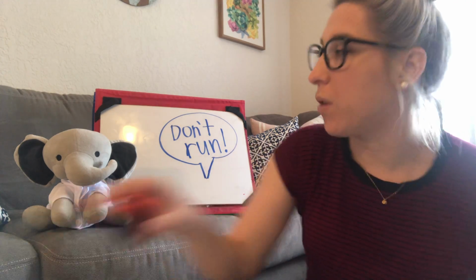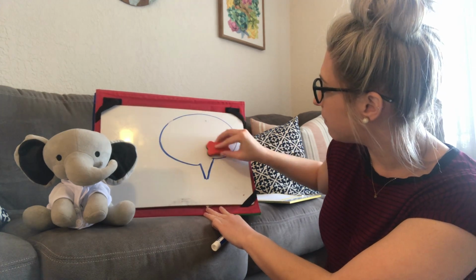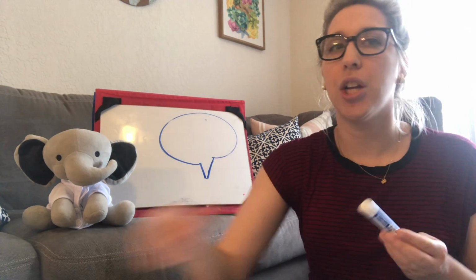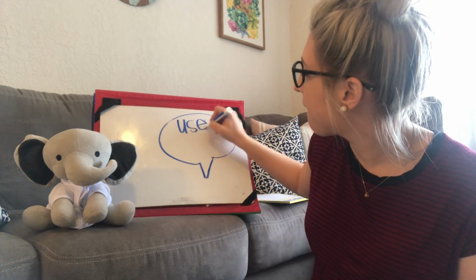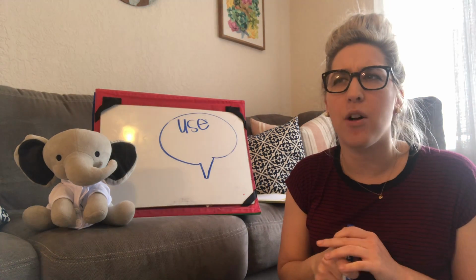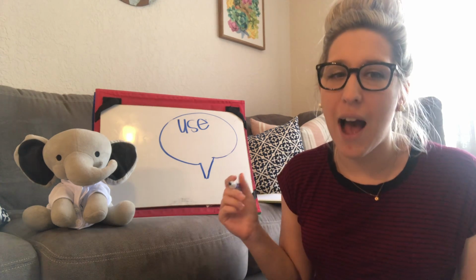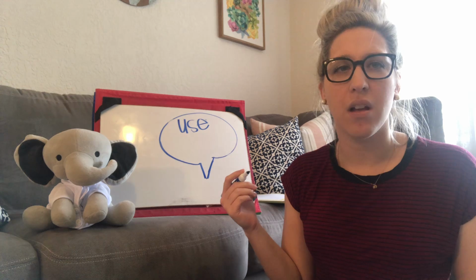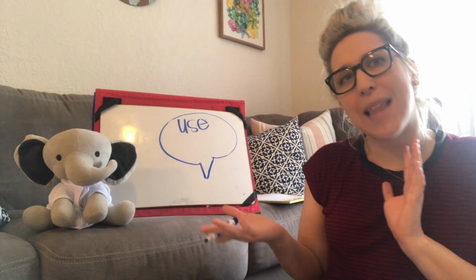If I were to write the word crayon, I want to say use crayons, okay? I could write use real quick. Crayons, I don't know how to spell crayons, okay? But if I were to think of my sight words, I might think of the word play. Cray rhymes with play.